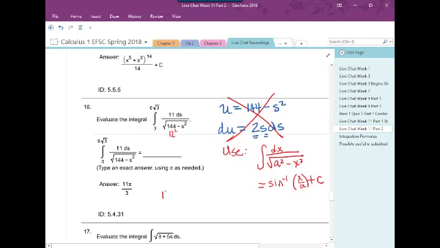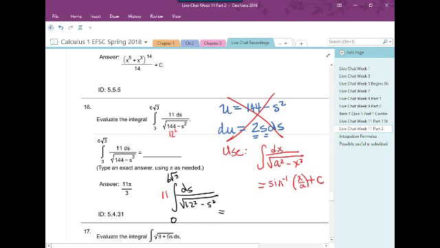To plug into this form, you're also going to need to bring the 11 out front. So you're going to have 11 times the integral of ds over the square root of 12 squared minus s squared. And now it fits your pattern exactly. But this is a definite integral, so you're then going to evaluate it from 0 to 6 root 3.